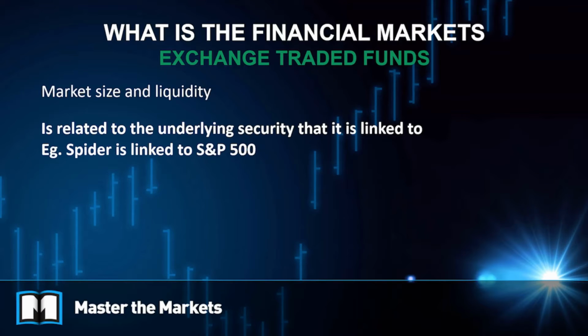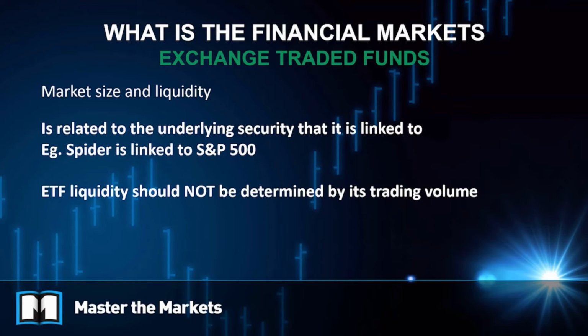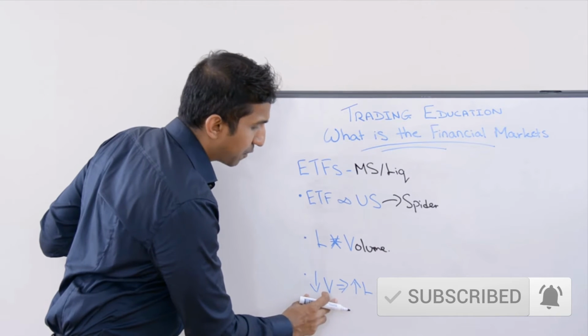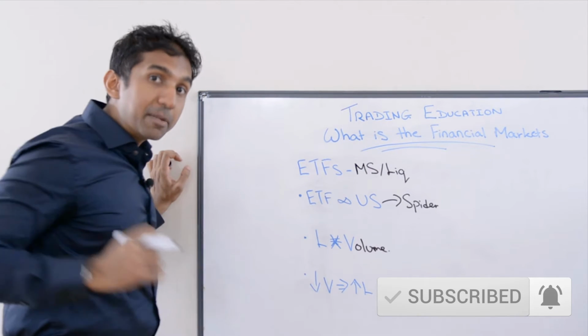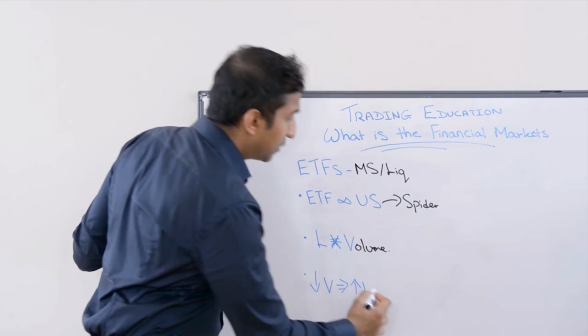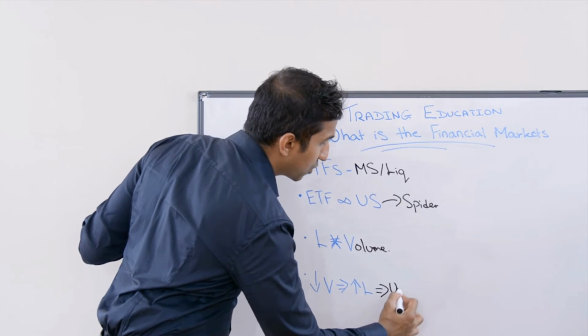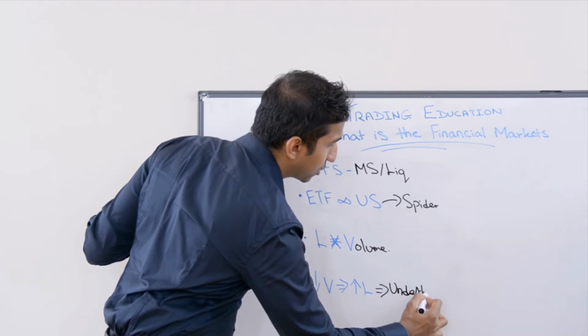Now, one important thing I must mention in terms of market size and liquidity is that the ETF's liquidity should not be determined by its trading volume. Let me explain why. A small ETF with a very small volume can be highly liquid if its underlying security is highly liquid.